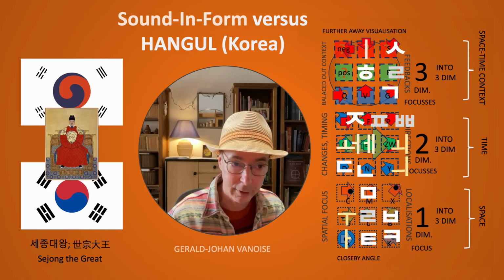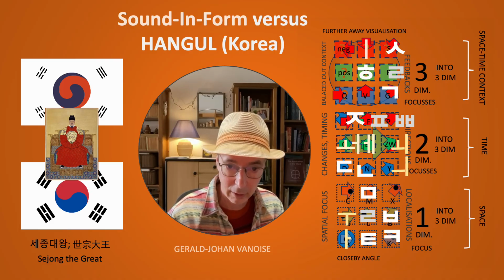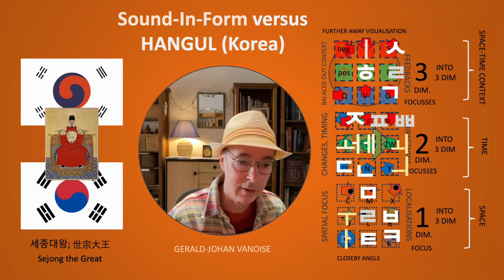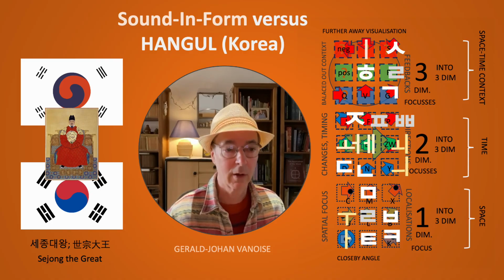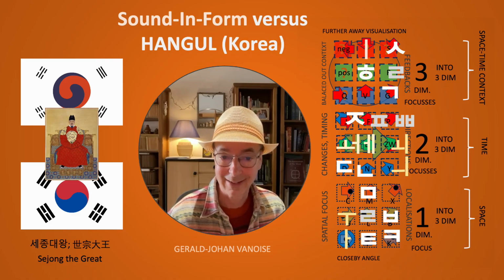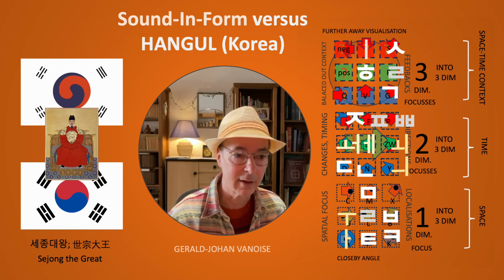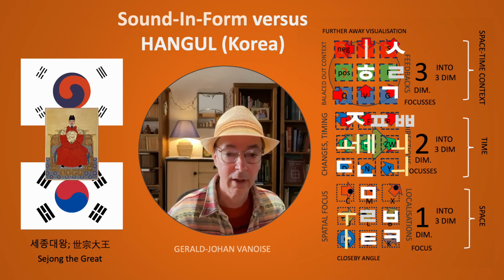And there is the Hangul script in Korea. South and North Korea use this script, if I'm not mistaken, in both countries. It was invented or established by Sejong the Great in the former country, before there was Korea.